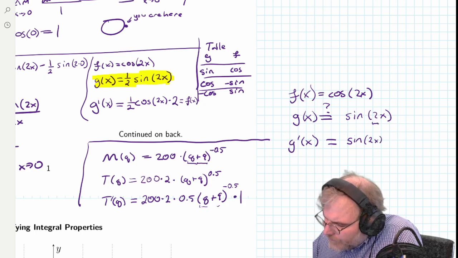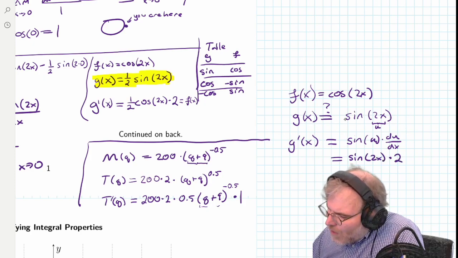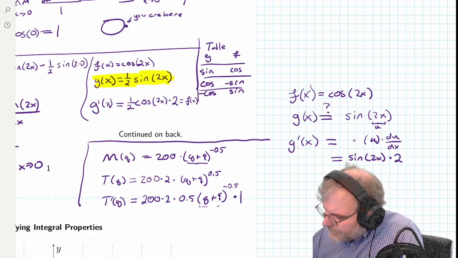This is a u. So I wind up with sine of u times du over dx, which equals sine of 2x times 2. And I'm off. Do you see this? When I took the derivative, these two things, I'm sorry, that should be cosine.